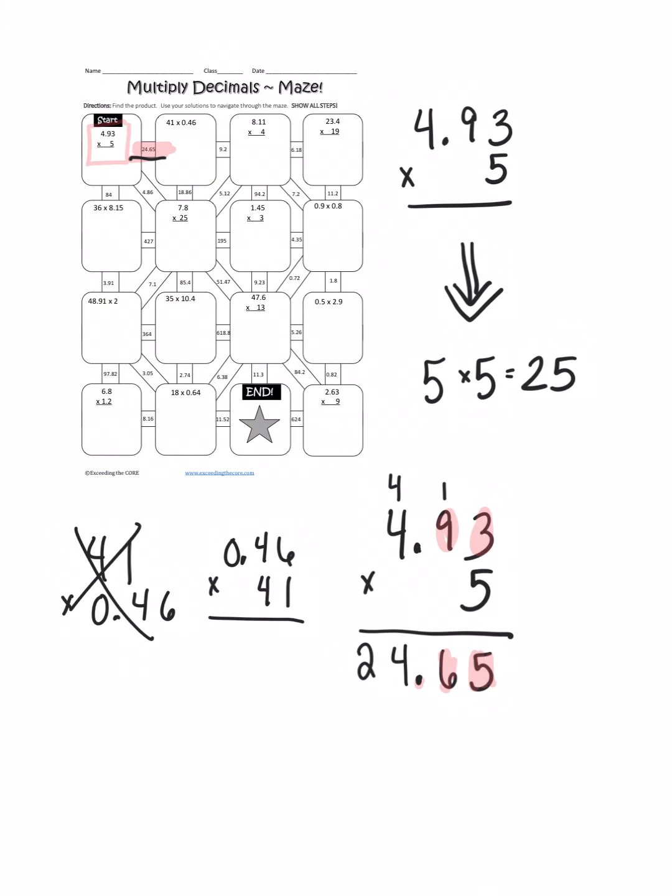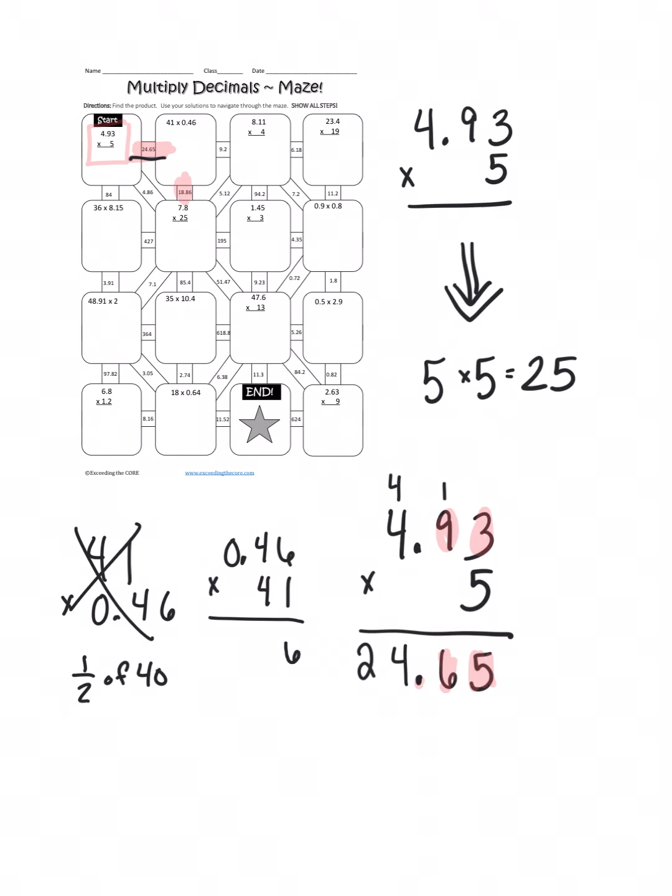Now if I estimate, that's very close to multiplying 41 times 5/10 or 1/2. Half of 41 is going to be about 20. So I'm thinking, for my estimate, we're probably going to be going down here because 9.5 seems too small. Let's see if my estimate was accurate.